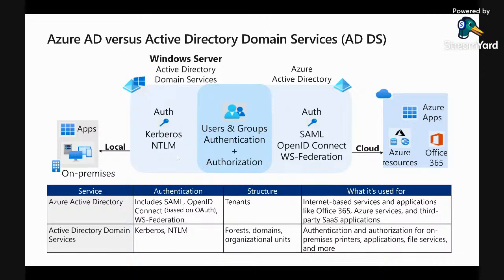When it comes to structure, you typically just have a tenant within Azure AD, but for your on-premise, you're talking about having your domains, your trusts, and your organizational units before you even talk about the objects. As for use cases, you'd use Azure Active Directory for entirely cloud-based services, while you'd use your on-premise for network-based services, for authentication and authorization on your printers, your applications, your file services, and the likes.